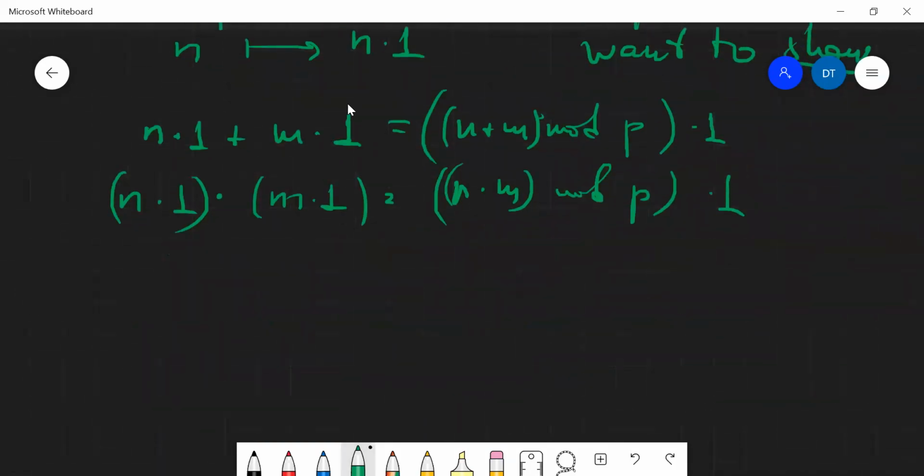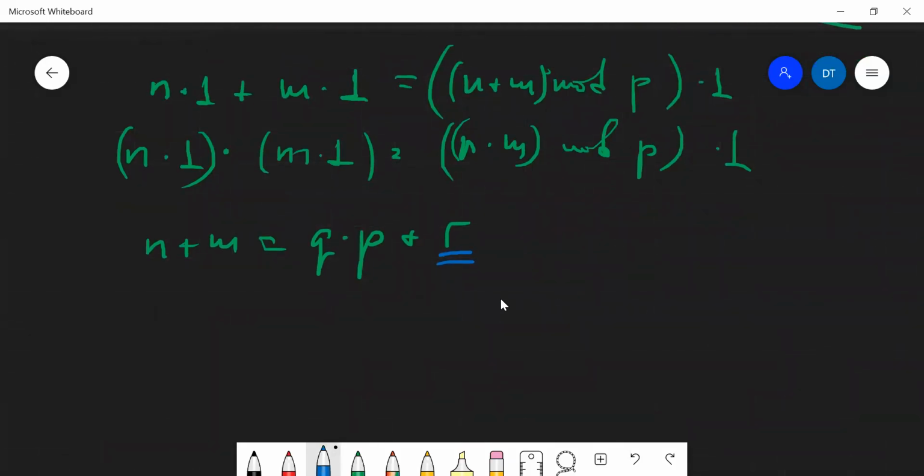I will show the first one. The second one will be exactly the same. So suppose that n plus m equals q times p plus r, which means that r is the remainder when we divide n plus m by p.